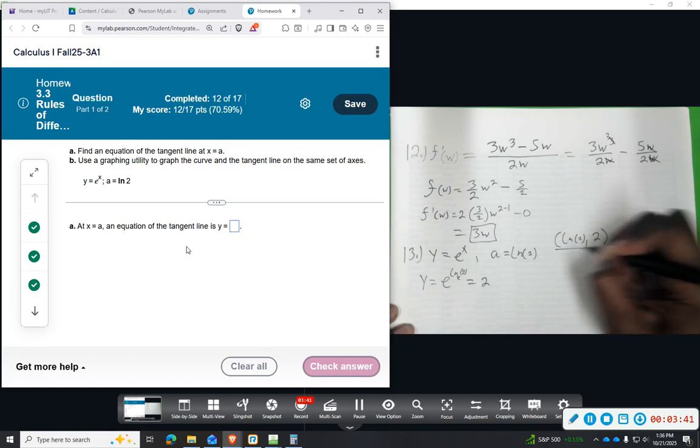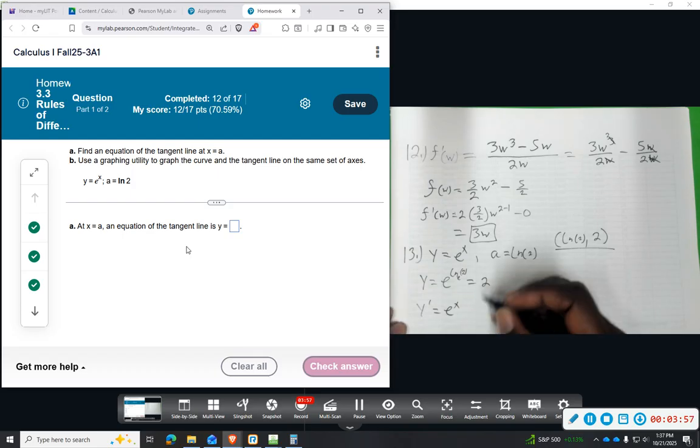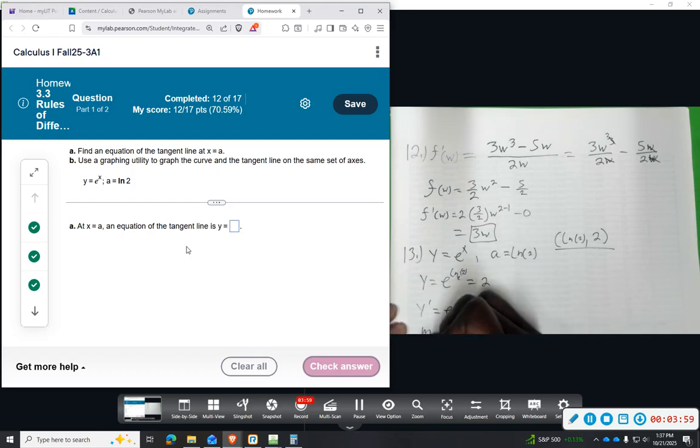So here's our ordered pair, and then we're going to find the derivative. Well, the derivative of e to the x is still just e to the x. So here's our derivative, and we've already plugged in ln of 2, and we got 2. So that tells us that our slope is equal to 2.